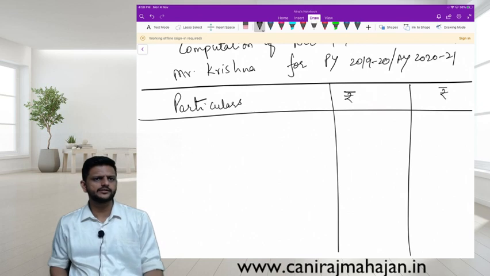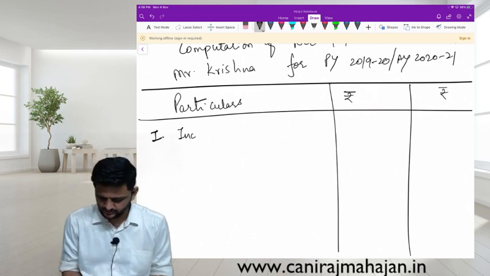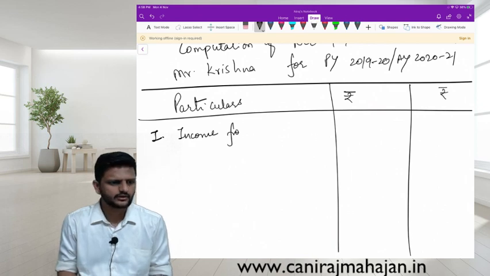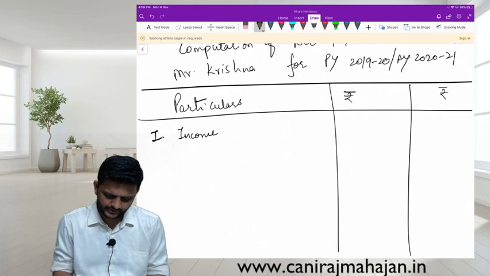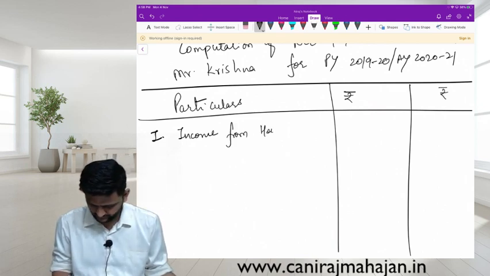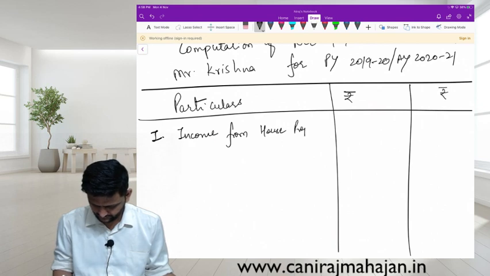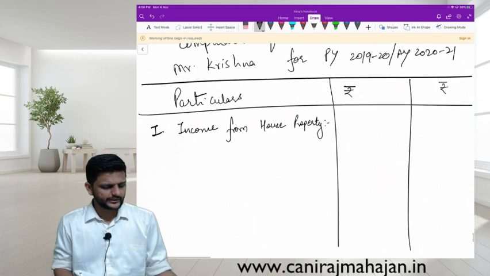Is there income from salaries? No. So income from business? Okay. Income from HP. That is correct. Income from house property. We have directly now gross annual value, everyone.